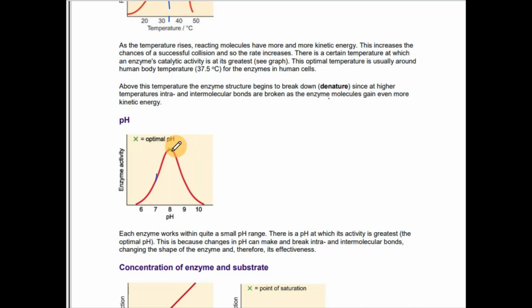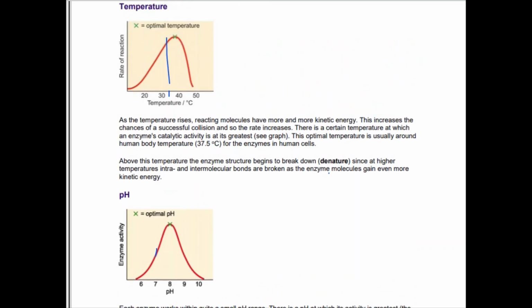If you proceed further to alkaline, it will drop. So the difference between pH and temperature, as in how they affect the reaction rate, is that for pH, as you move away from the optimal, the reduction is very slow and gradual. But for temperature, beyond the optimal, the reduction is very sharp and quick. That is, there's going to be a sharp denaturation of the enzyme or the protein.